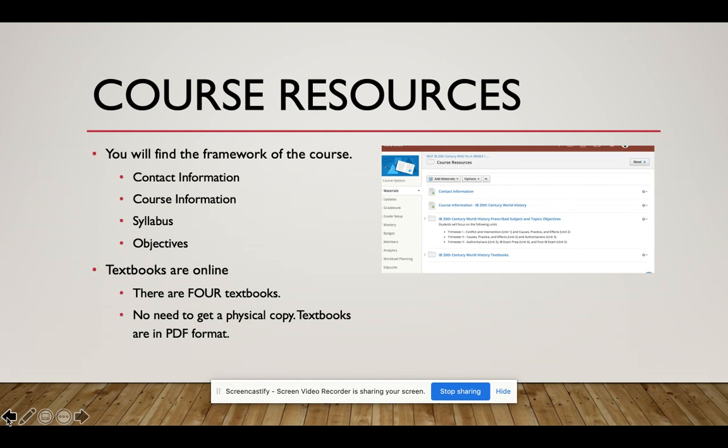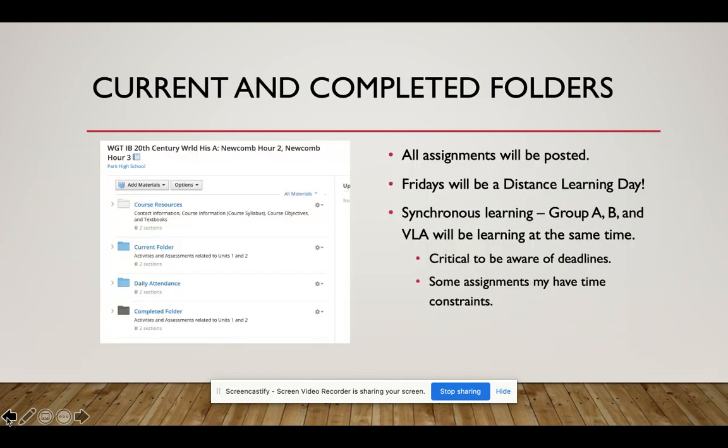Course resources. In that particular folder, you're going to find a lot of information, the course information, contact information, the syllabus that'll have the grading procedures in there. You'll also find the textbook that we'll use for the particular course, 20th century. And there are 4 textbooks. We do not have a physical copy of those books, so they'll be in PDF format.